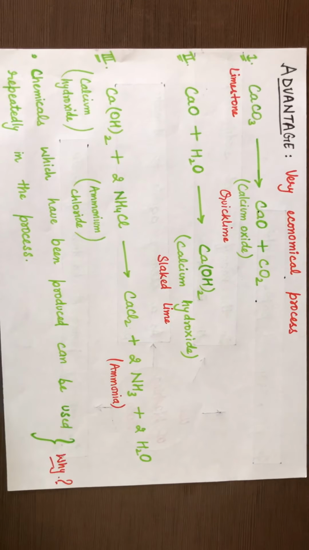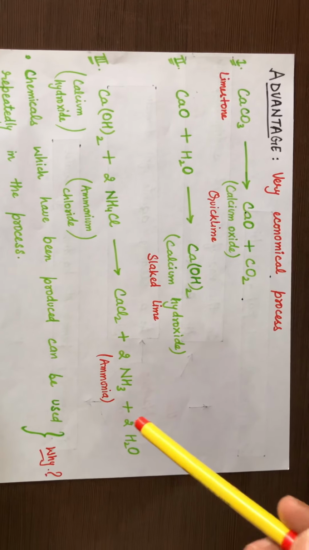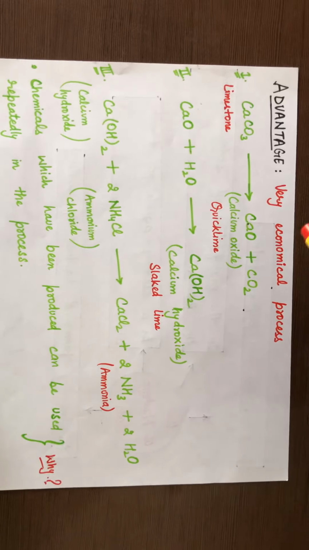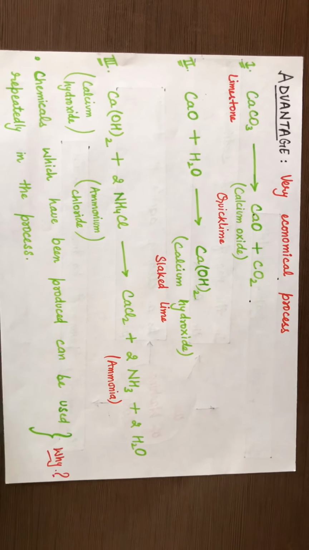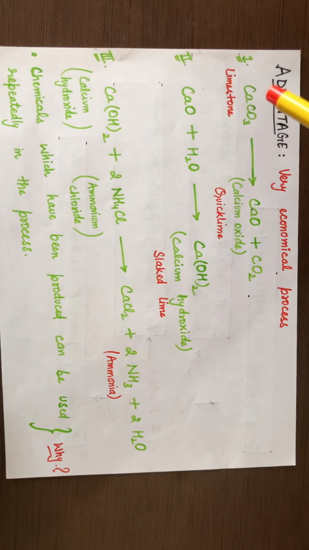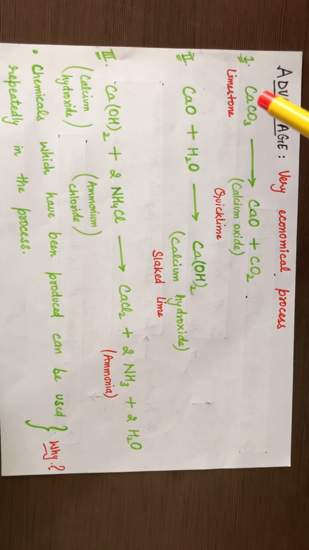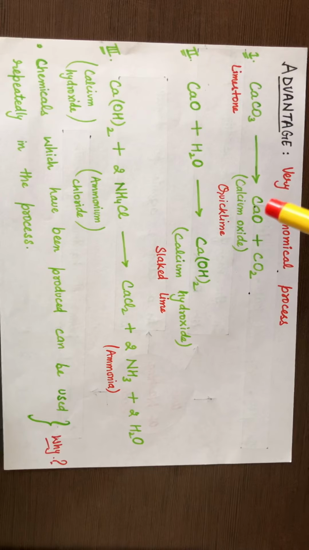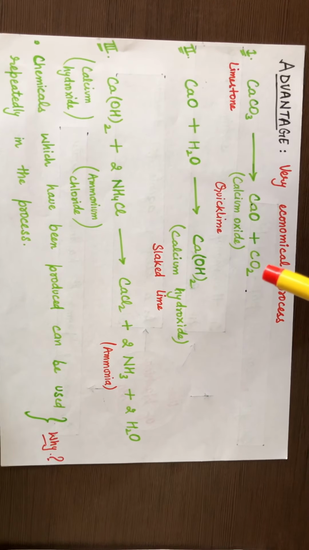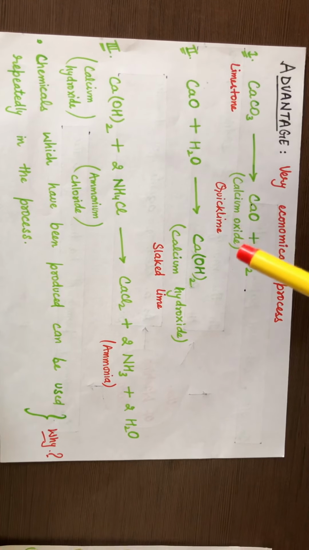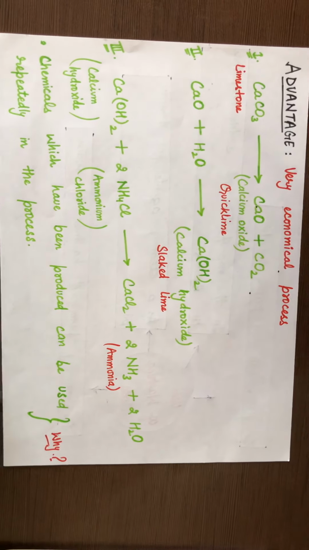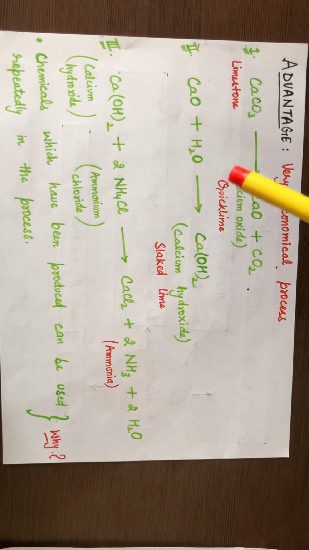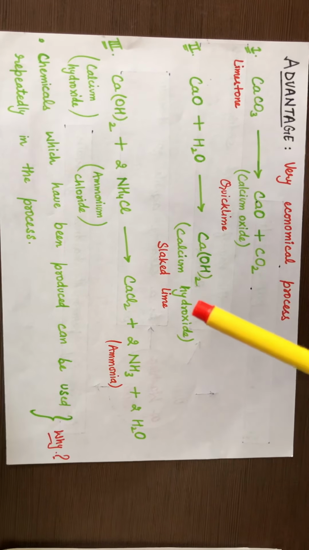Next, the Solvay ammonia process is a very economical process. How? We use the raw material calcium carbonate, meaning limestone, which gives calcium oxide with carbon dioxide, and this calcium oxide's common name is quicklime. This calcium oxide when reacted with water gives calcium hydroxide.